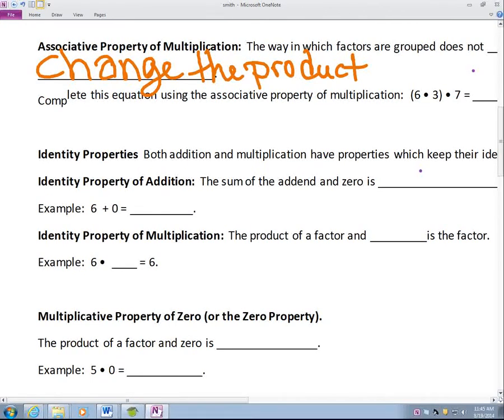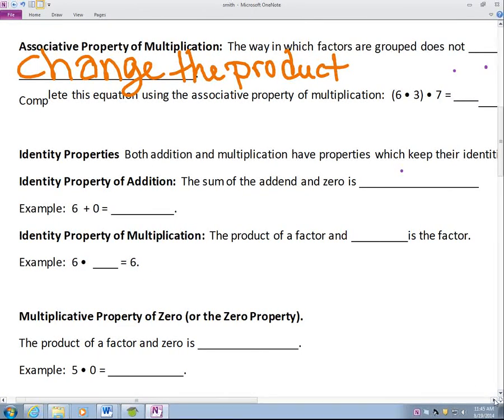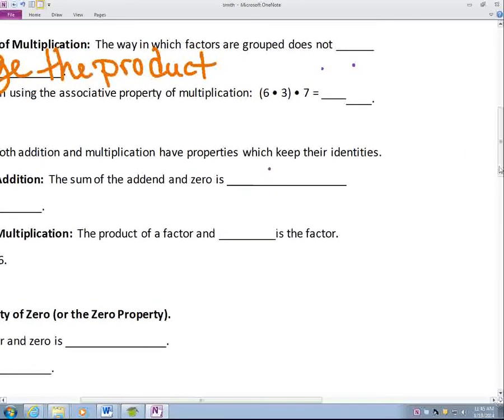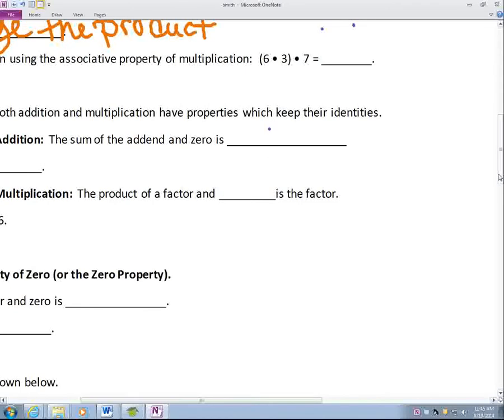Complete this equation using the associative property of multiplication. There we go. So, as it said, the way they're grouped doesn't matter. So I'm just going to group 3 and 7 together. Because 3 and 7, they go well.